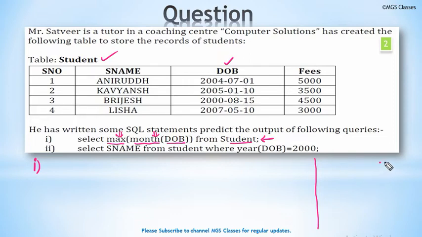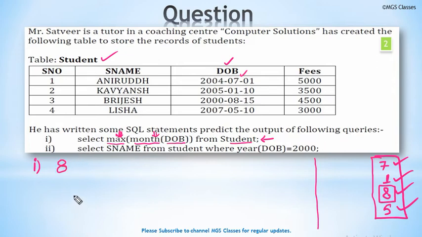So month of this date of birth column will be 7, then 1, then 8, and then 5, and the output of this month function is given to the maximum function, and maximum function is the aggregate function. It will find out the maximum value among these months. So which is the maximum value? 8 is the maximum value in these months. So the output of this query will be 8. So you need to write the answer as 8.